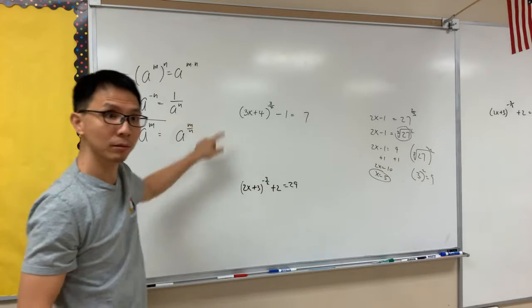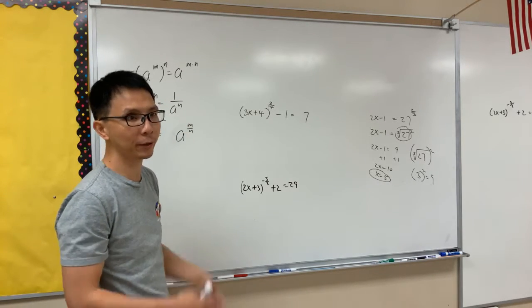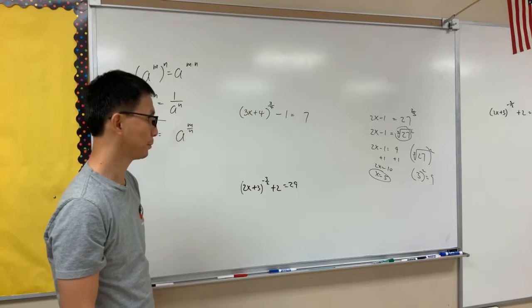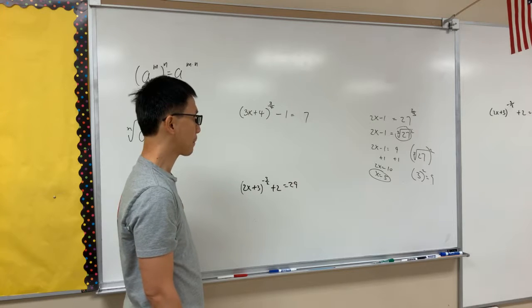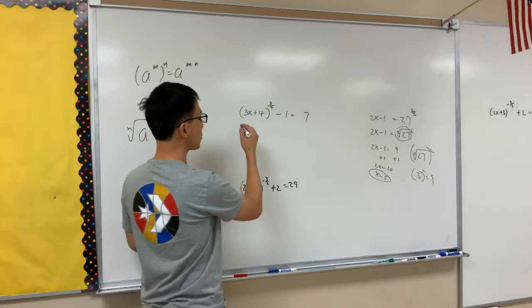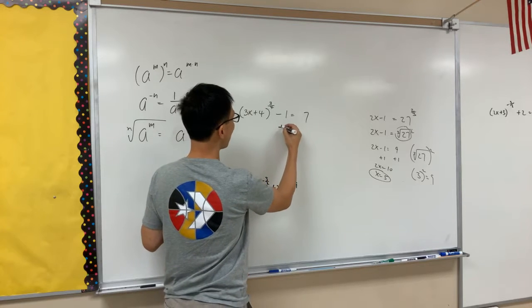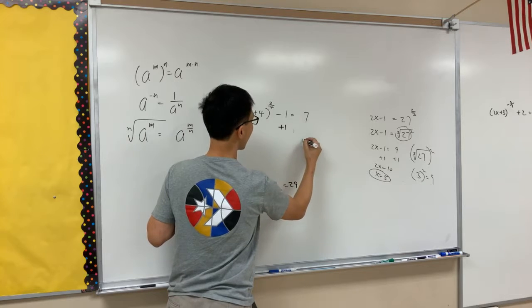This one or this one? For the second one, which one do we do? Well, you have to use all the rules. Which one do you use for this one? What do I do with the -3/2? Oh, we can talk about that. Okay, let me go over this one first. So if I add 1 to this side, that's gonna be what? 8.